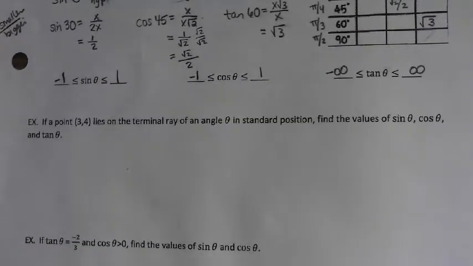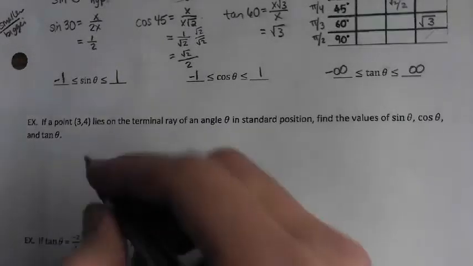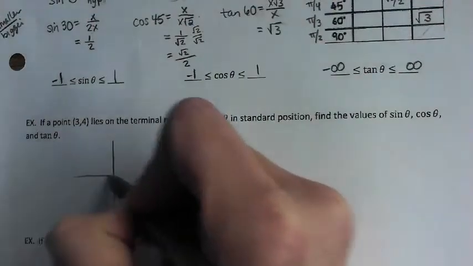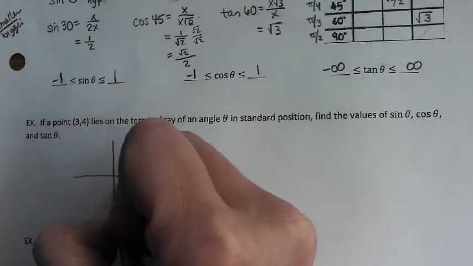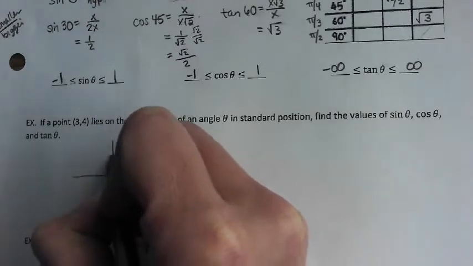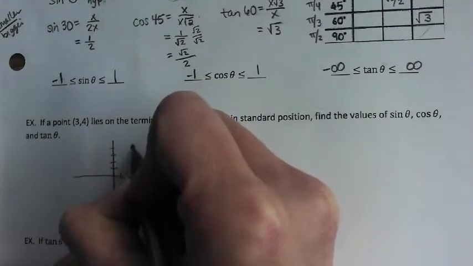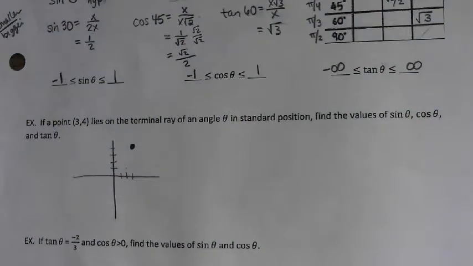In trig, you're going to be given points a lot. Plot the point. Always plot the point. So here, if a point is 3, 4, plot 3, 4. What quadrant are we in? First. Good. Here's the other thing you always do in trig when you plot a point that they give you. Draw a terminal ray to that point.